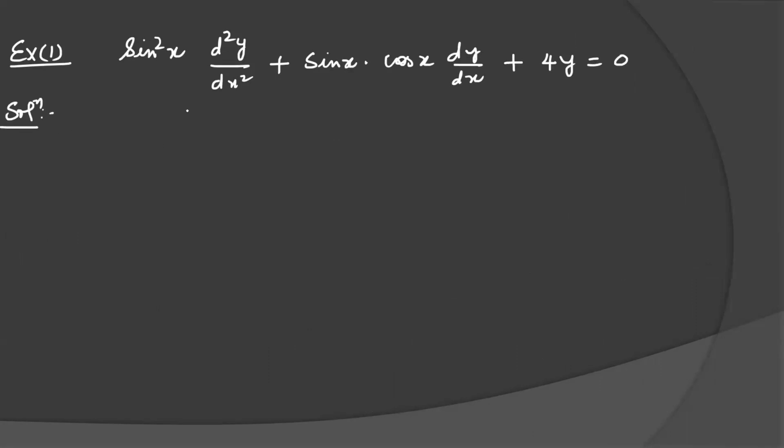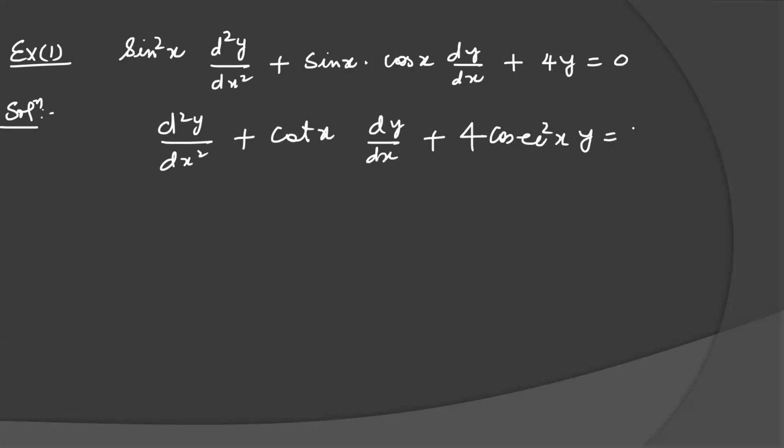So we cannot apply directly. Okay, firstly convert to the standard form. So divide by sin square x on both sides. It will become d2y by dx2 plus, if you divide by sin square x, sin x is cancelled out, cos by sin will become cot x dy by dx, plus 4 over sin square x, that is 4 cosec square x, y equal to 0.